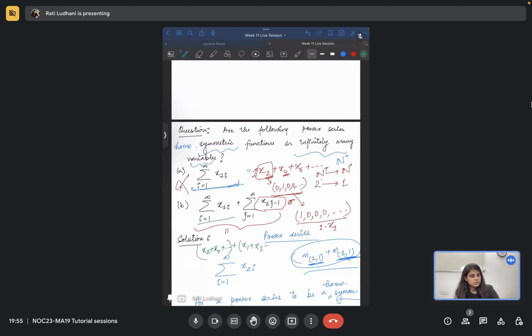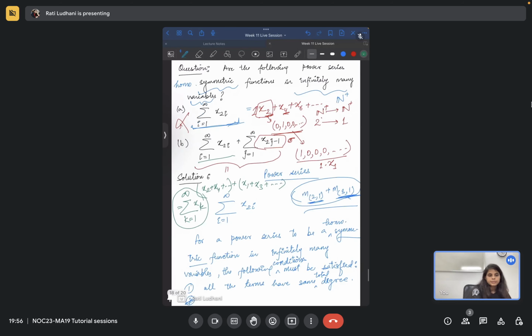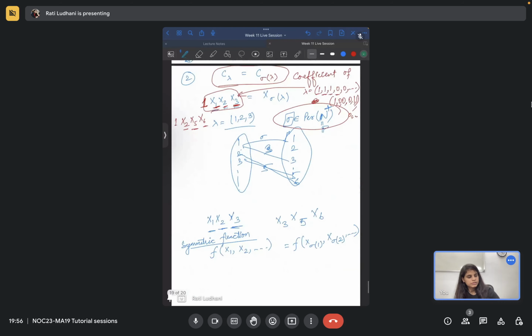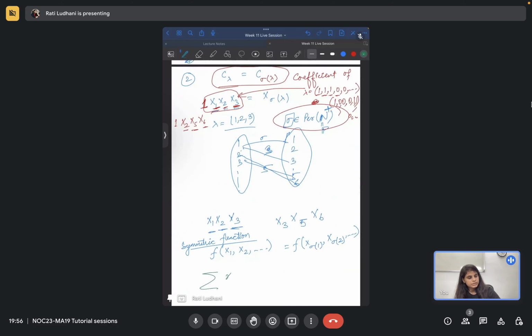So this is exactly the full sum, which you can write as the summation over k equals 1 to infinity of xk. Can you tell me if this is a symmetric function or not?